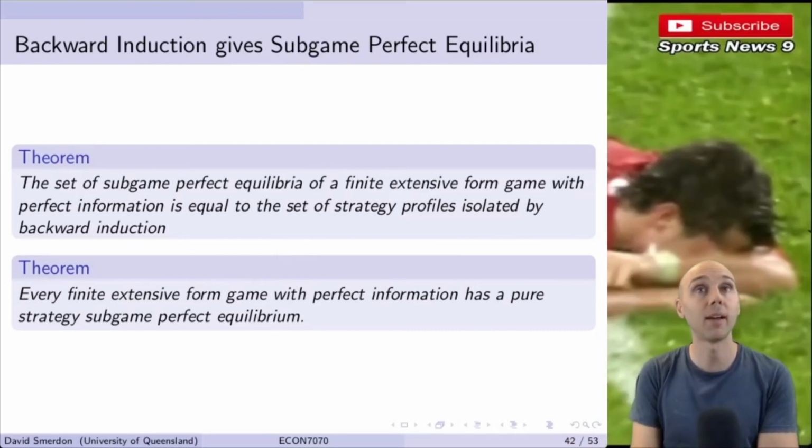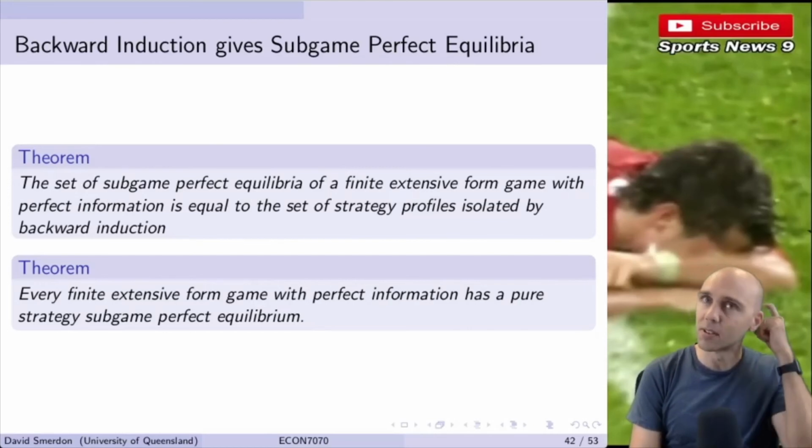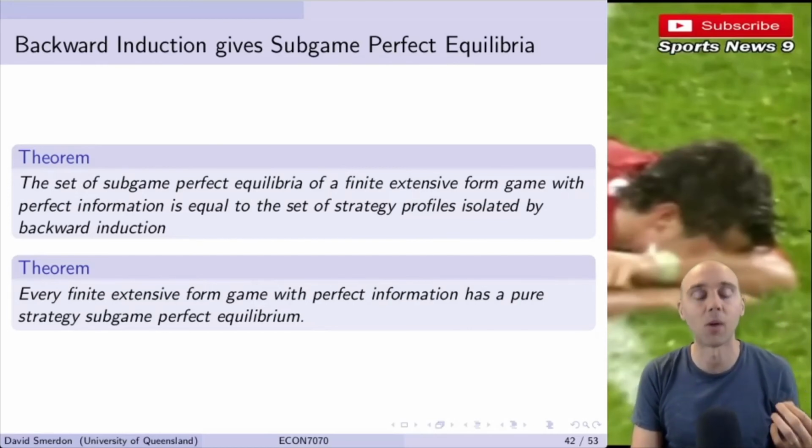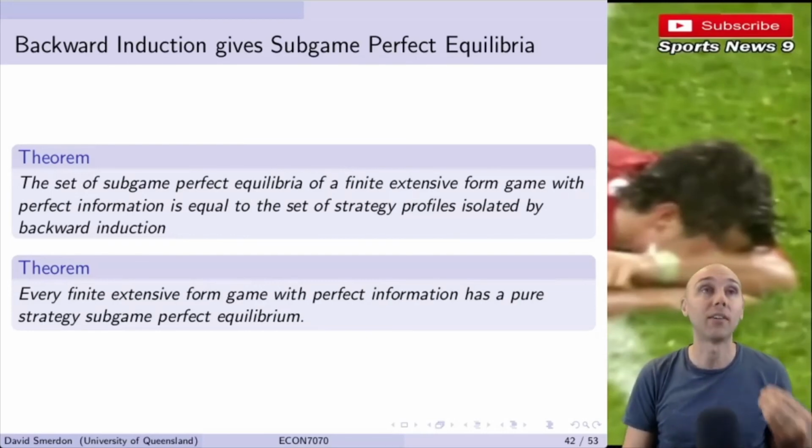And not only that, but for every finite extensive form game with perfect information. I keep saying perfect information because we will see in later weeks cases with imperfect information, but for now we don't need to worry about that. So for every game tree with an end, there is a pure strategy subgame perfect equilibrium, at least one.